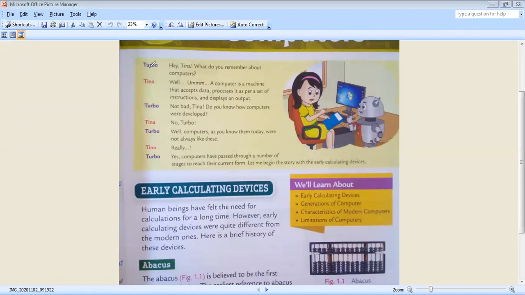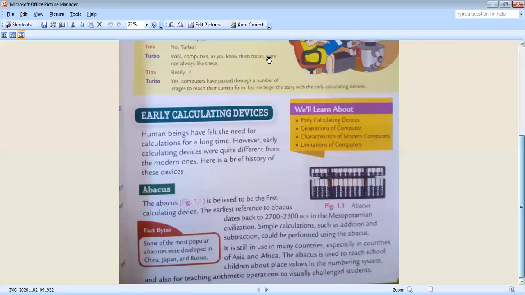So the first device was the abacus. The abacus is believed to be the first calculating device.